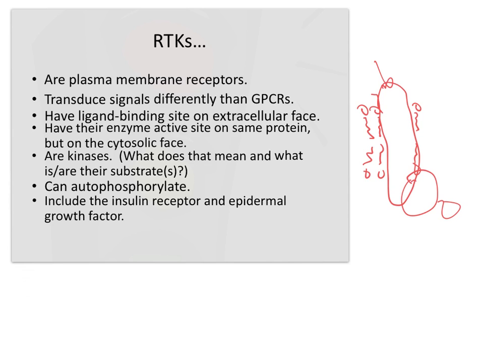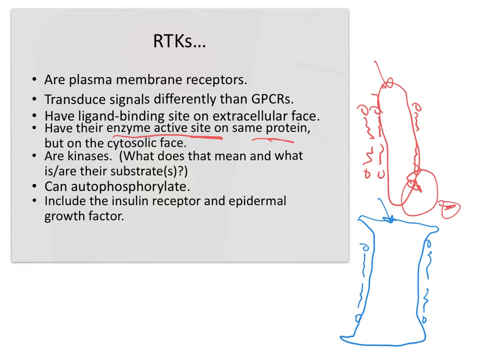So we had the binding here, which affected this protein, which affected that protein. One way that's a little different here also is their active site is the same protein, but it's on the other side. And so for it, I'm going to draw in a couple of what's supposed to be phosphate, the lipid backbone.